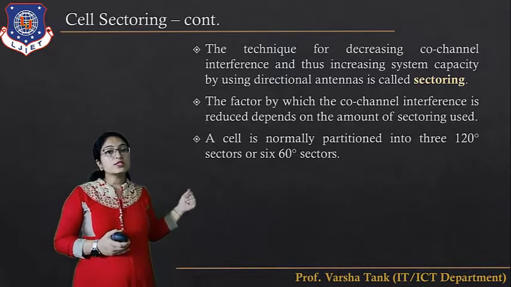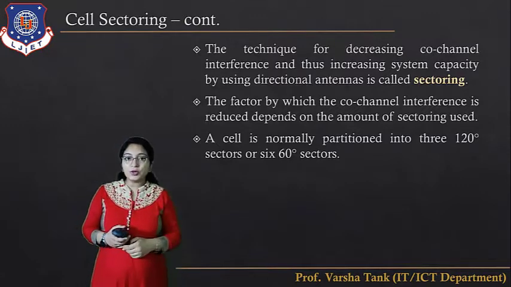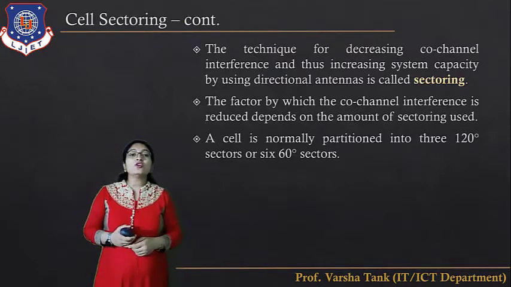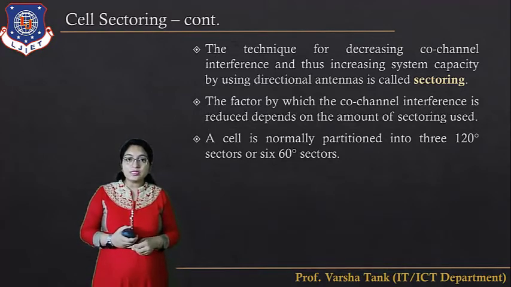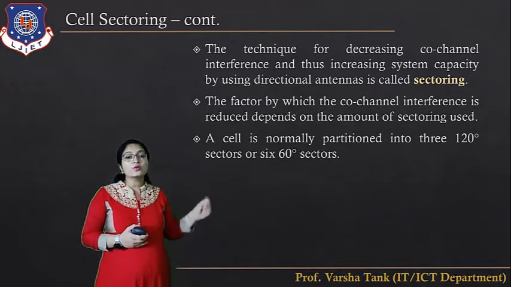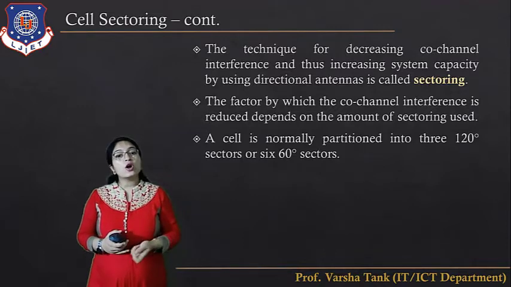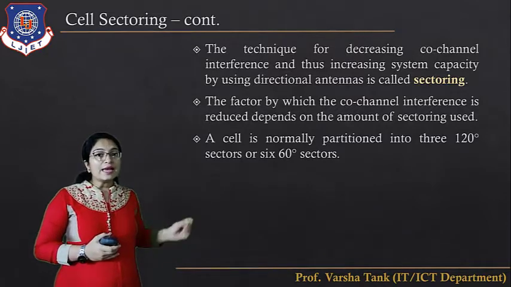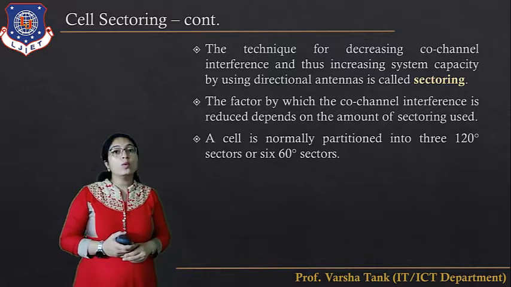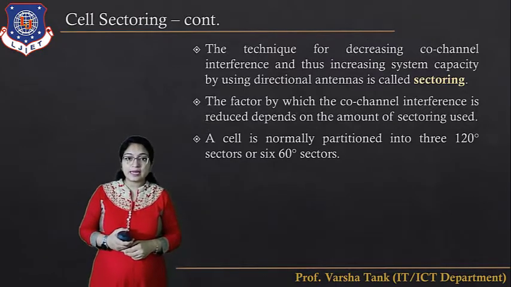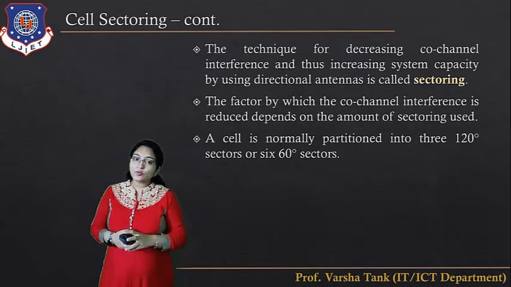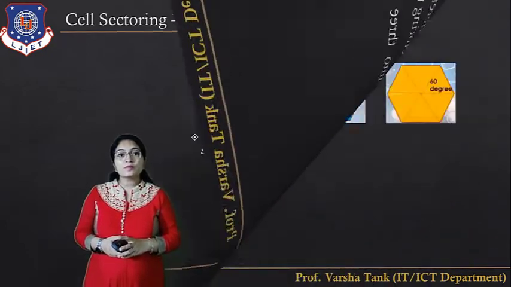The factor by which the co-channel interference is reduced depends on the amount of sectoring used. Which type of sectoring we are using depends on the factor of the co-channel interference. A cell is normally partitioned into 120 degree sectors or 60 degree sectors. So let's learn about this so you will have a better idea.